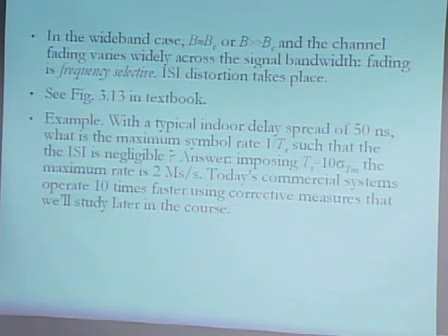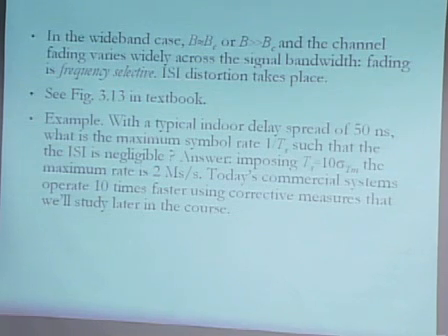What happens is that you have to use corrective measures. If you violate this 10% condition and you start to have wideband behaviors, then you have to put in an equalizer. But what we want usually is to use frequency flat channels. It's easier to correct the ISI than to correct frequency selective, right?